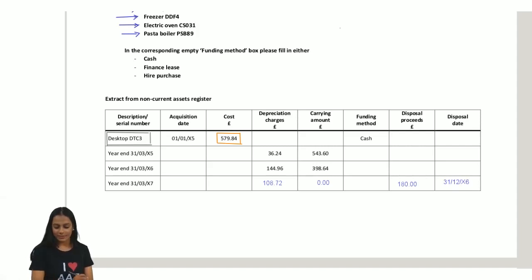There you have it, guys. That is the entry of the non-current assets register for the disposal of the desktop, or in other words, the computer equipment. The examiner has reported in the reports that a lot of students have incorrectly shown the carrying amount of a disposed asset.